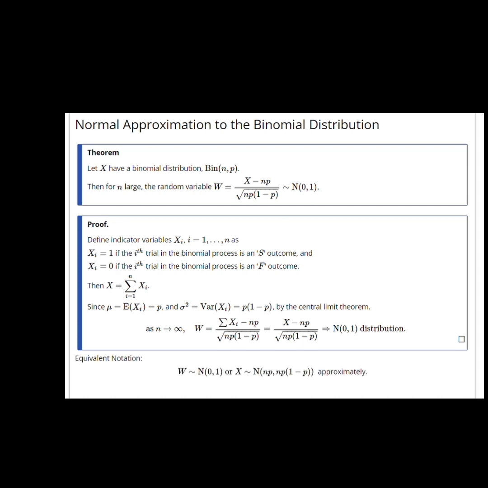To indicate this, we'll often write w tilde n 0, 1, which means that it has this approximate distribution, or x is approximately normal with mean np and variance np 1 minus p.